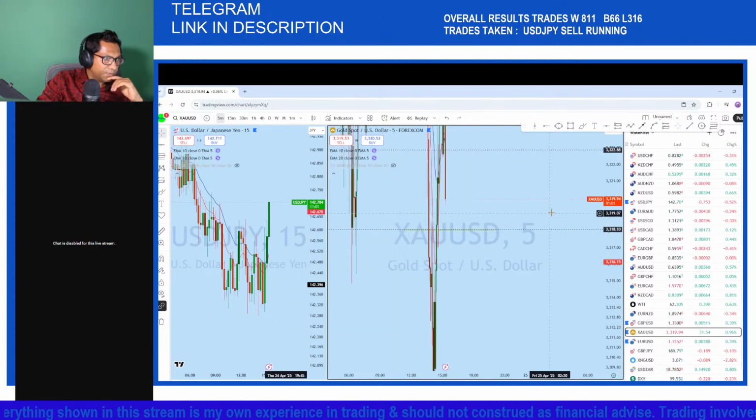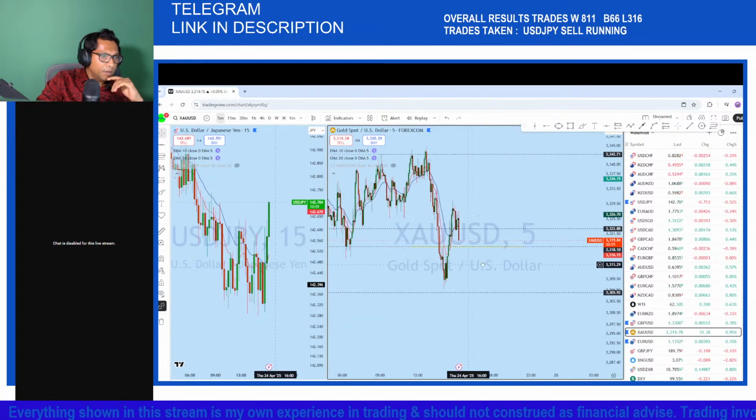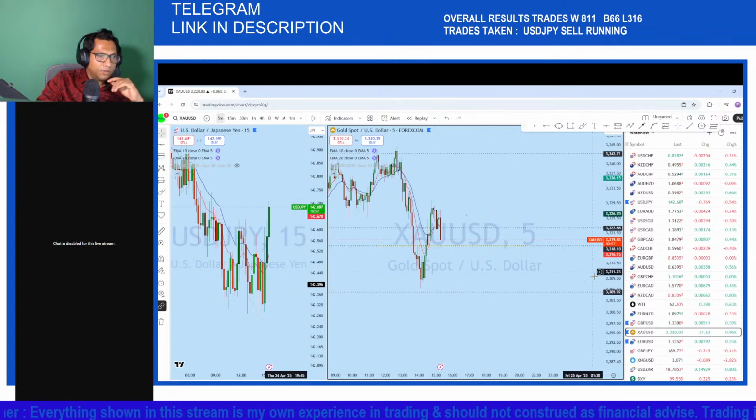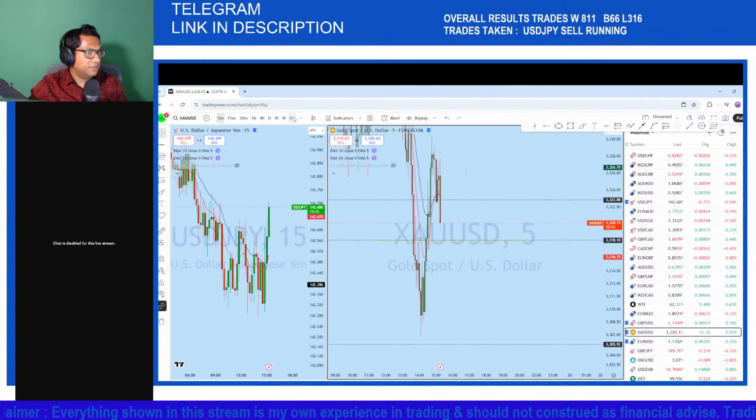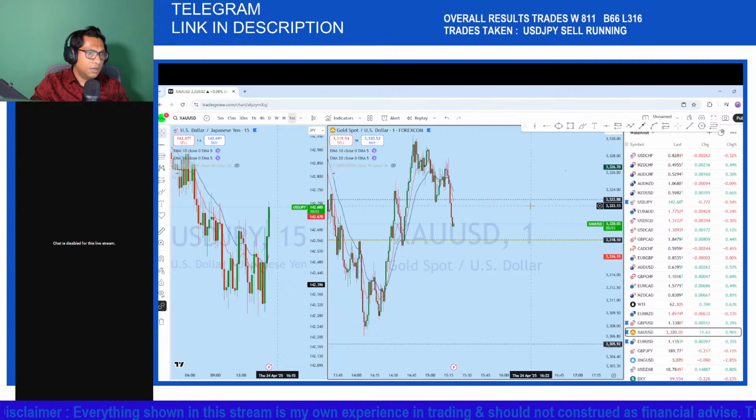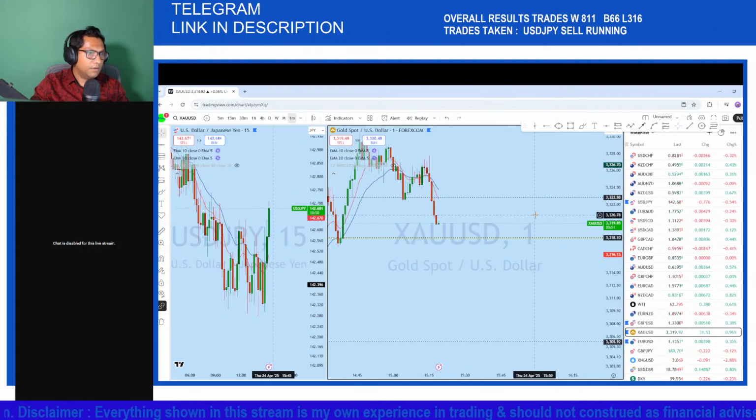In both cases, the price dropped well below, but finally it just managed to return back.